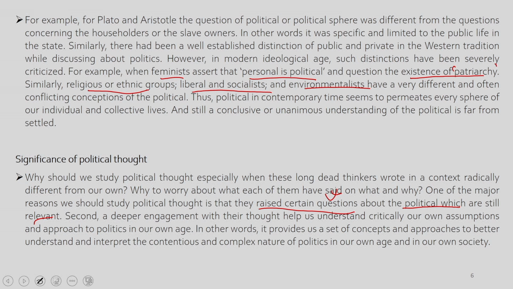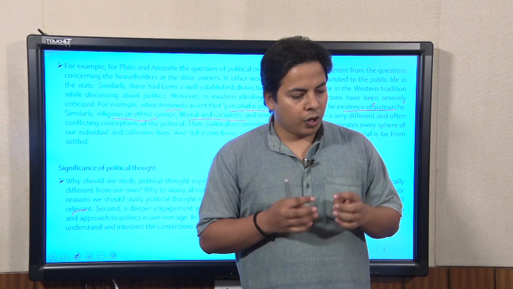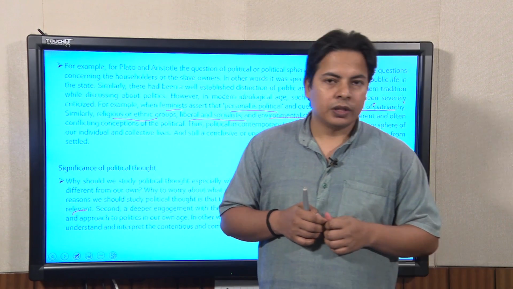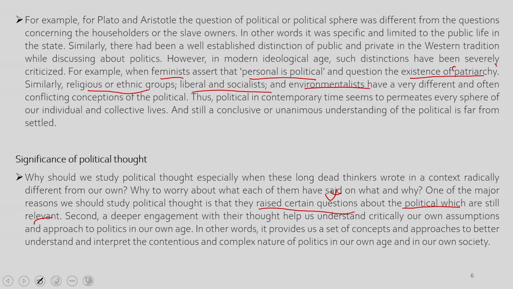Secondly, a deeper engagement with their thought helps us critically understand our own assumptions and approaches to politics. Sometimes when we argue about politics or any issue that concerns society, we are often unaware of our own subjective biases or prejudices.